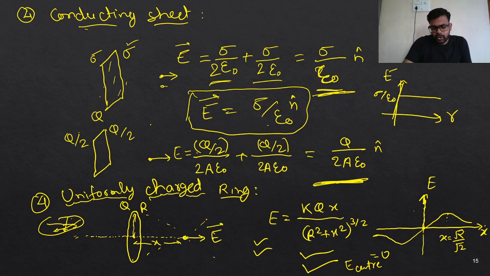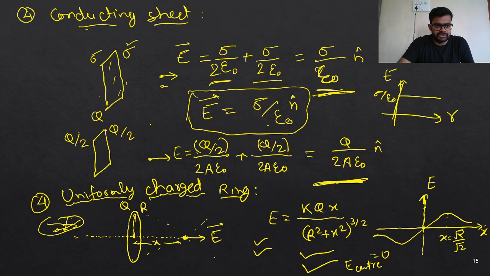So let us talk about the next. We already discussed the infinite charge sheet and the conducting sheet. Next, let us talk about the uniformly charged hollow sphere.